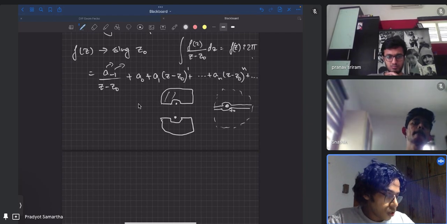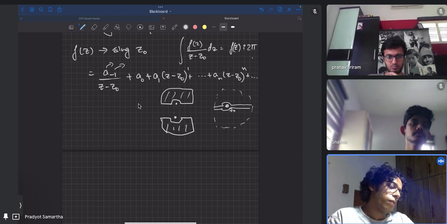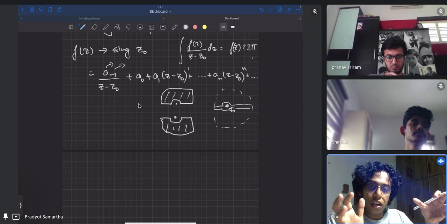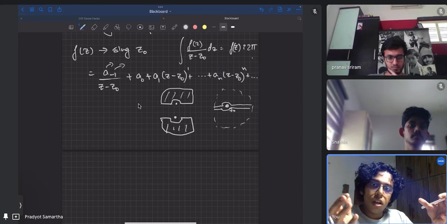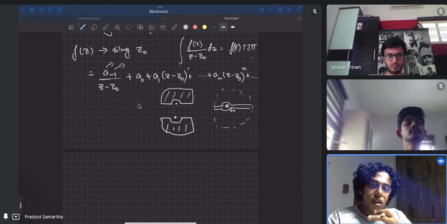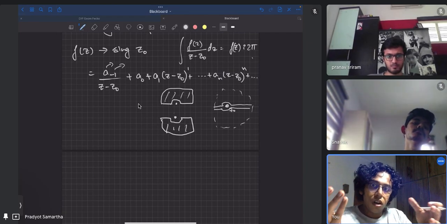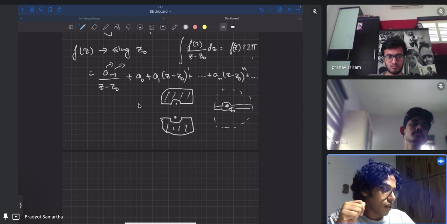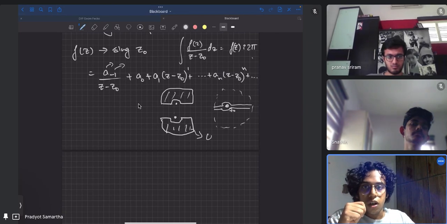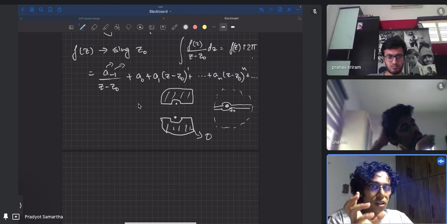Because these two regions don't have any singularities, by Stokes theorem we discover that the whole integral here will be 0. And we only need to evaluate things around this one singularity.